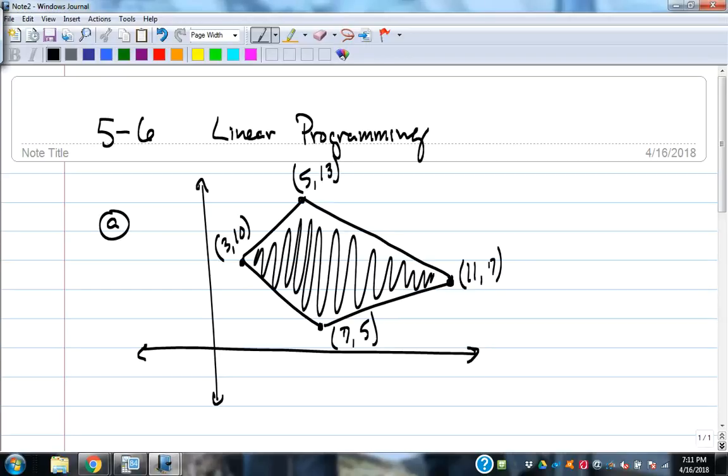I'm not going to ask you to read a word problem and come up with the inequalities and then create that polygon. I think that's asking a little too much for a Math 110 class. And they have never asked that on a final exam, to give you a word problem and extrapolate that polygon from it and then do something with it.